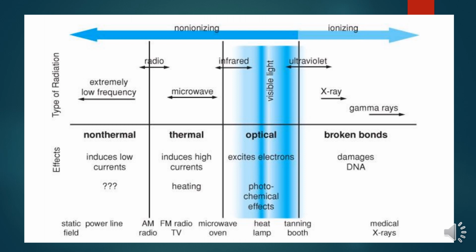It can cause a thermal effect, that is microwave oven, AM radio, FM radio, TV; they all come under microwaves. Then extremely low frequency is non-thermal radiation. It induces low currents, that is static field and power line; they all come under the non-thermal effects of non-ionizing radiation.